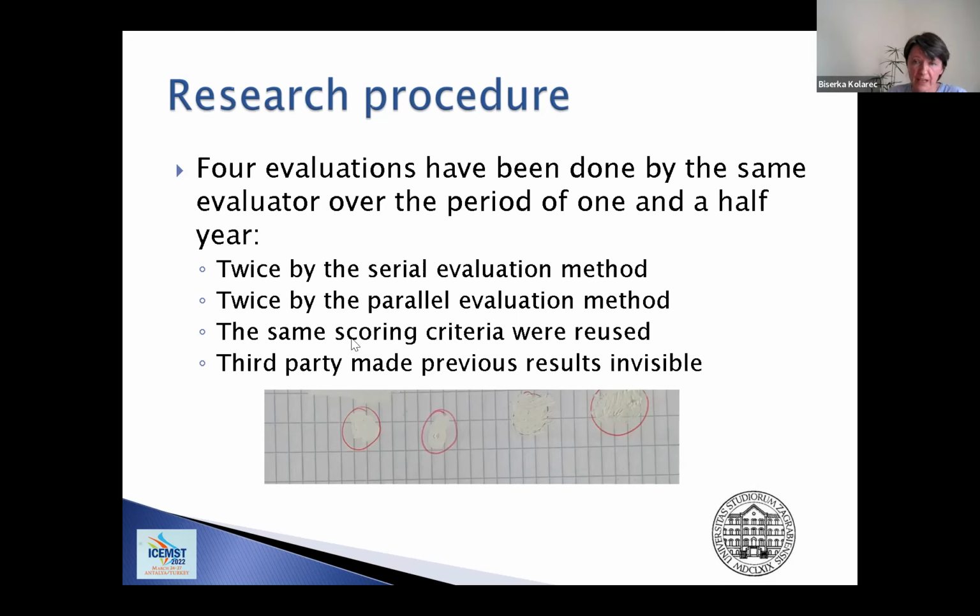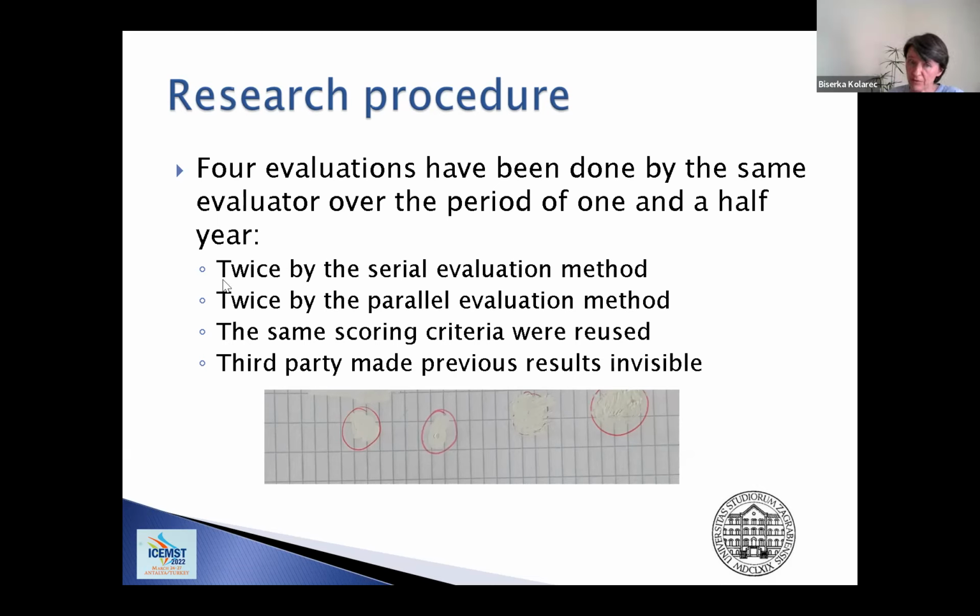Of course, the same scoring criteria were used, and a third party made previous results invisible so that they were not available. After performing this parallel evaluation, we decided to re-evaluate the same exam with both methods. So we did both methods again.